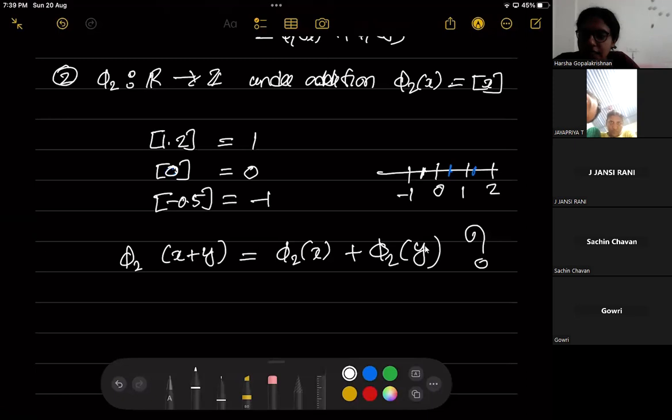Maybe I can give a hint: it is not true. This equality will not hold actually. Now, can you find such numbers x and y such that this is not equal?